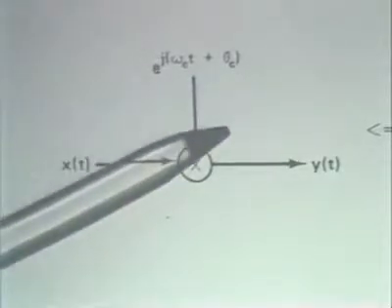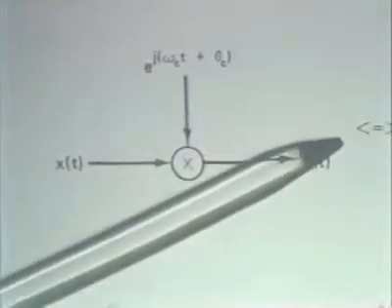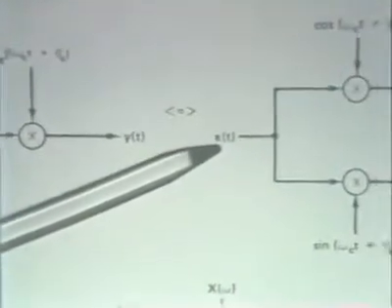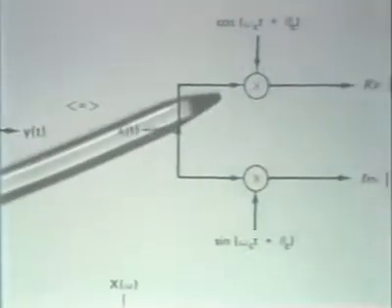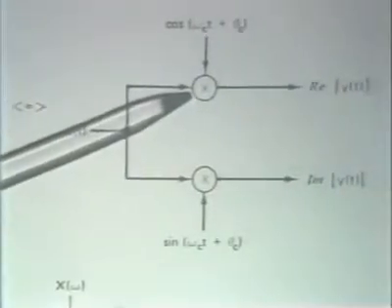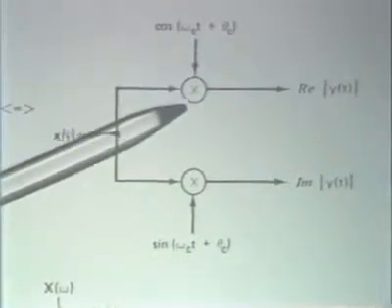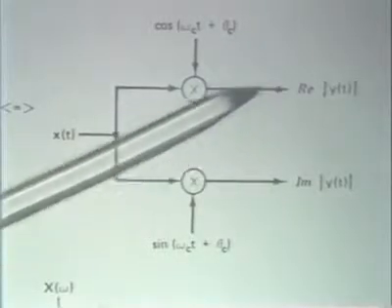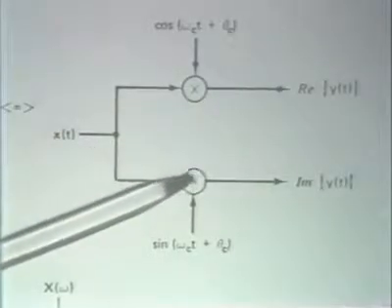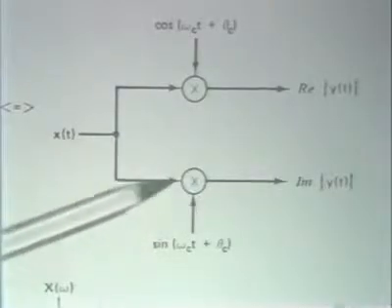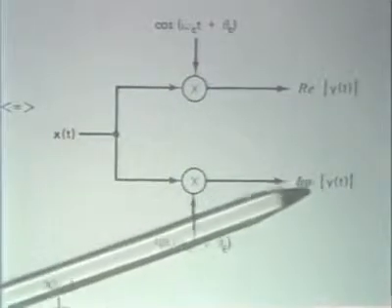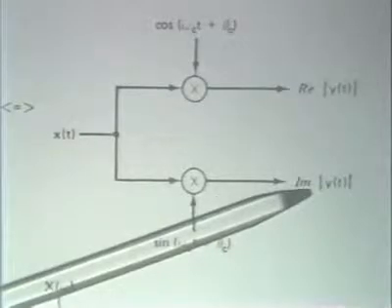And so what that means in terms of an implementation equivalently is modulating x of t onto a cosine carrier, and that then gives us the real part of the complex output, and modulating it onto a sinusoidal carrier, these two being 90 degrees out of phase, and that gives us the imaginary part.